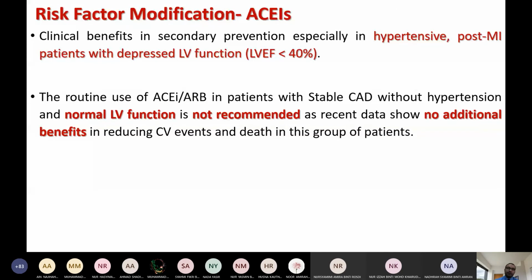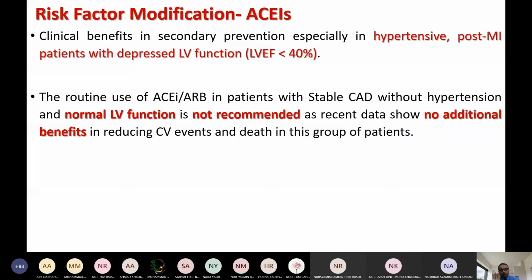That's why routine use, meaning offering an ACE inhibitor to a patient with no hypertension and normal left ventricular function, is not recommended. So it is very important to understand when and in whom this medication will give benefit.